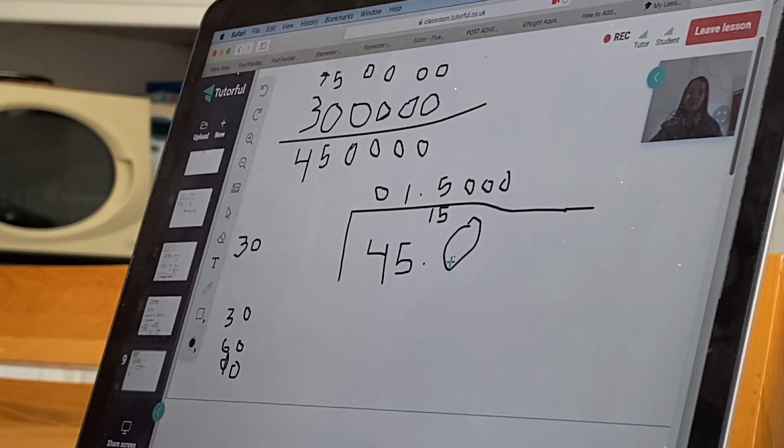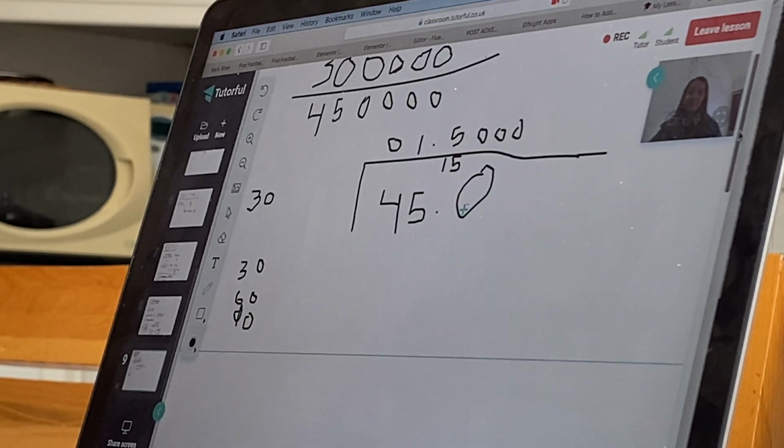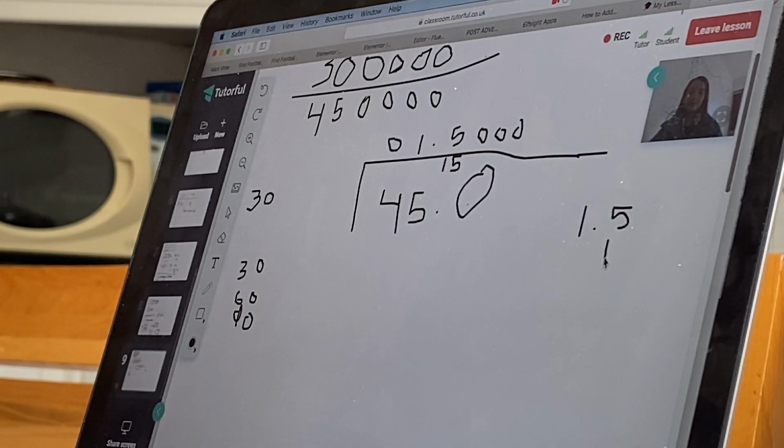And then 1.5 times 100. Make sure you think about where the units are. Yeah, like this. Perfect. Well done. Really nicely lined up as well.